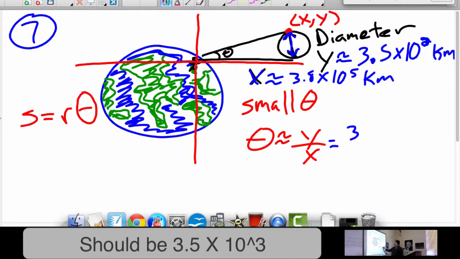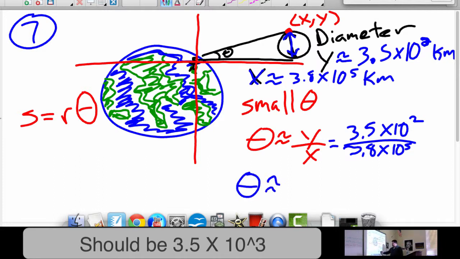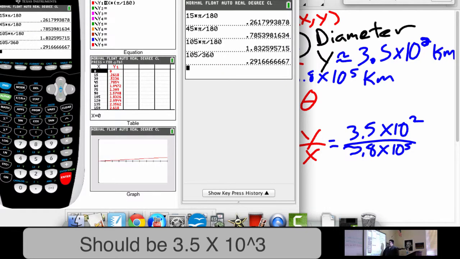So now when I plug this in, 3.5 times 10 to the second over 3.8 times 10 to the 5th, and the kilometers cancel and all that stuff. This is in radians, so if I plug this in the calculator, I'm going to get a goofy answer.